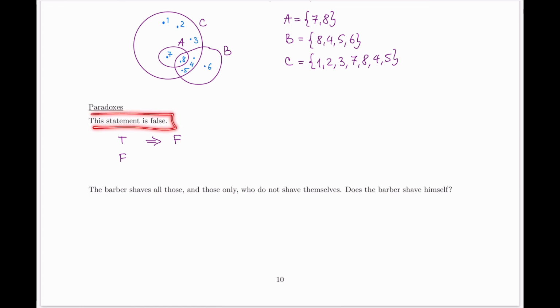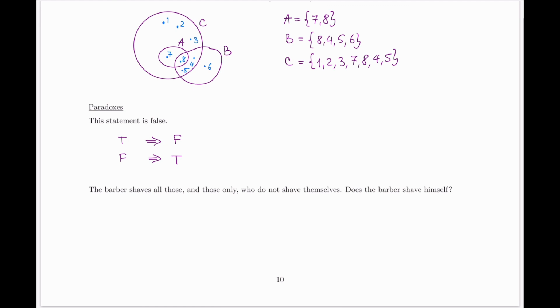If I assume that this statement is false, that means that it is not the case that the statement is false, which implies that it is of course true, and I am stuck in a situation of a self-contradictory statement. If we assume it's true, then it implies that it's false, and if we assume it's false, it implies that it's true. So which one is it? It's neither. It's in fact not a proposition at all because it is self-contradictory.